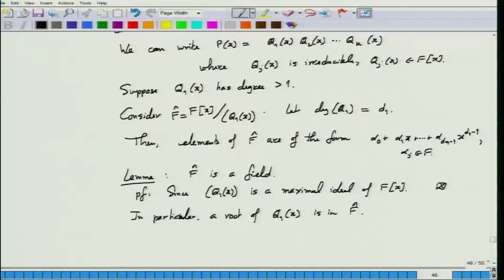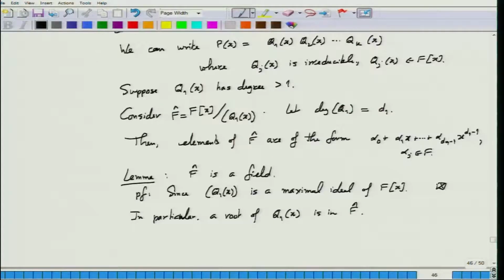Do you see that? What plus 0? I didn't get that.